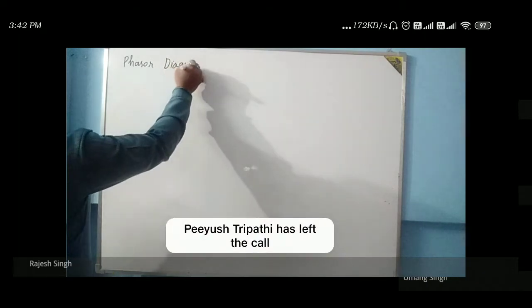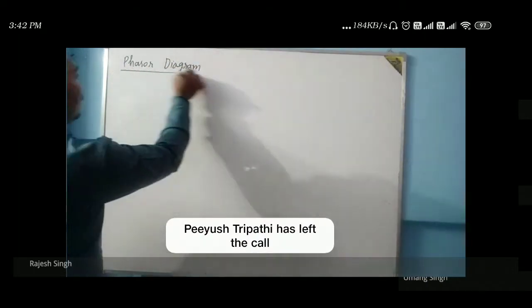What is a phasor diagram? What is a phasor and what is a phasor diagram? Let us try to understand.